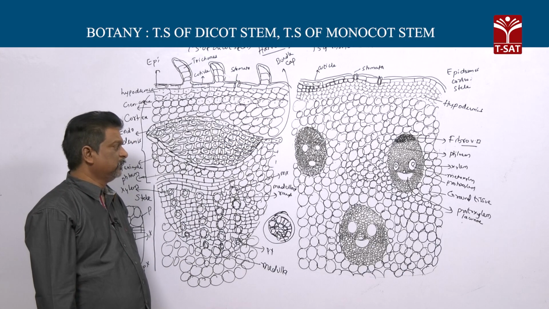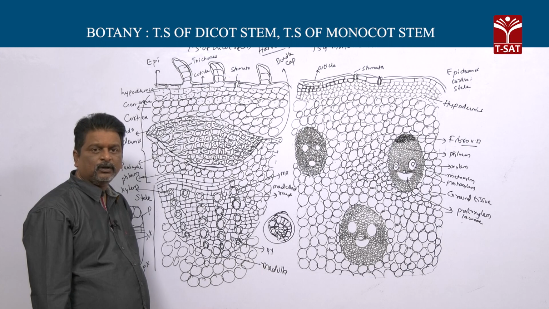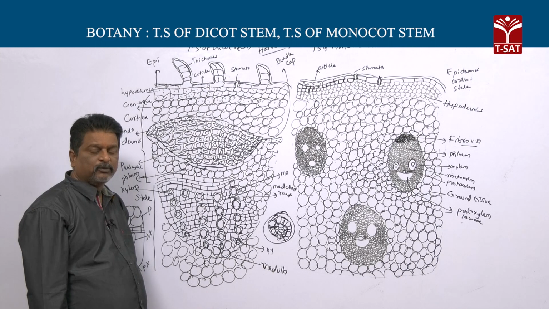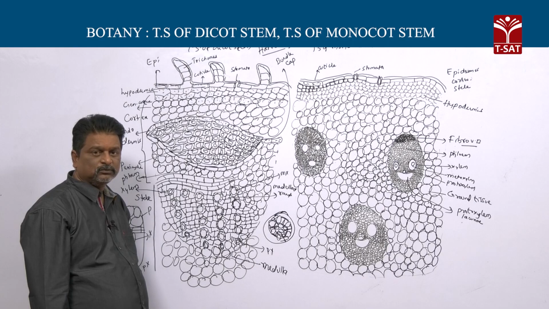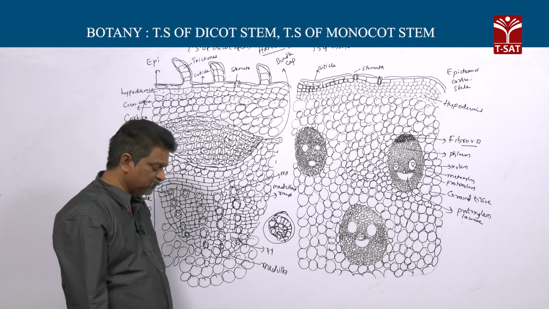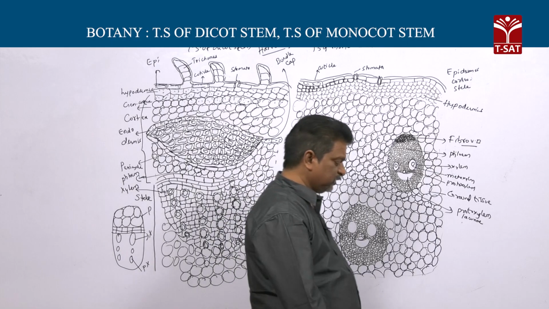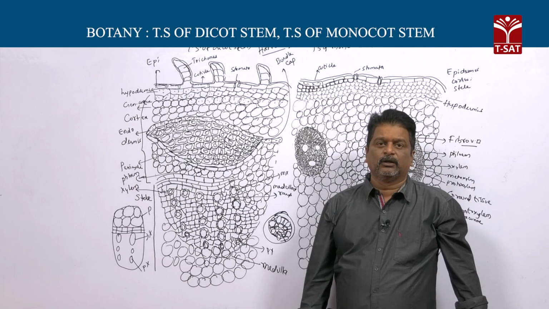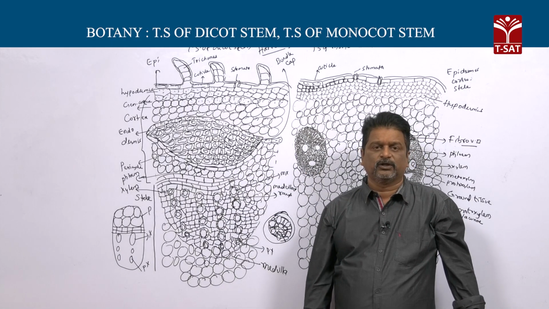Then next one, endodermis. Endodermis is well developed in roots. That endodermis contains Casparian thickenings. They are lignosuberin thickenings, impervious to water.